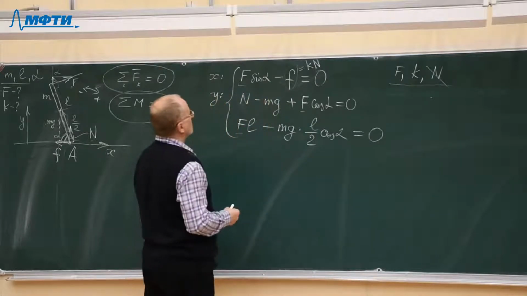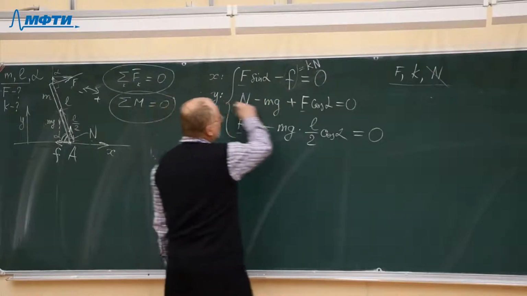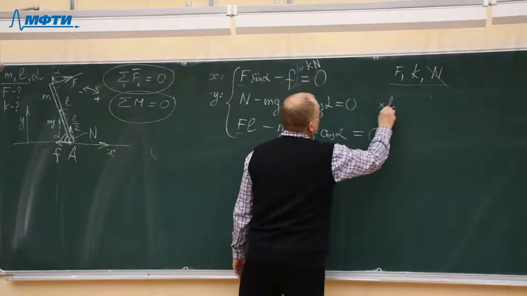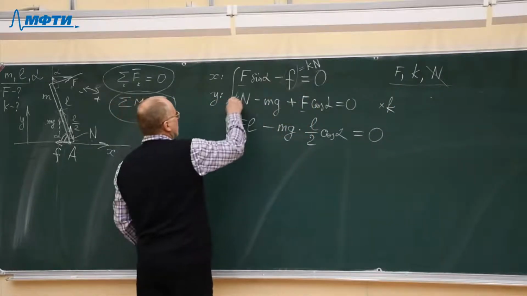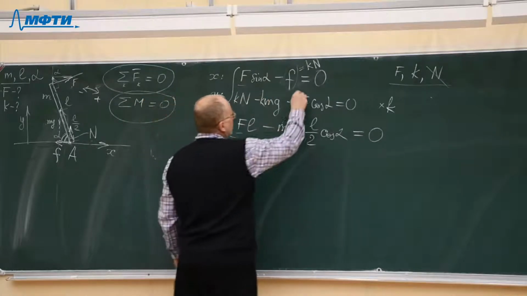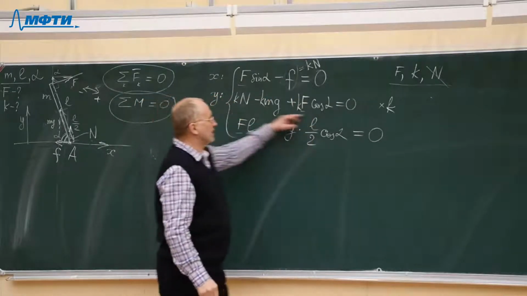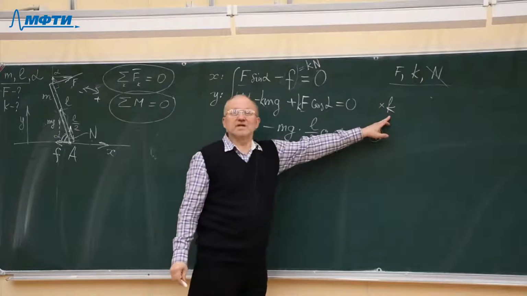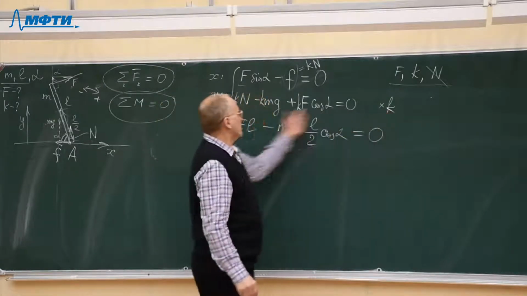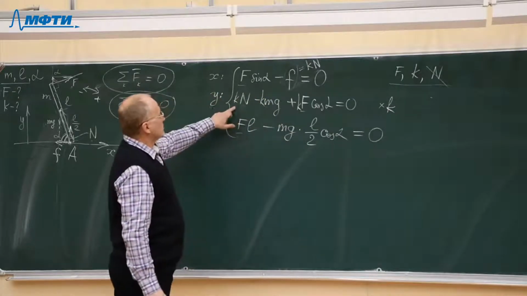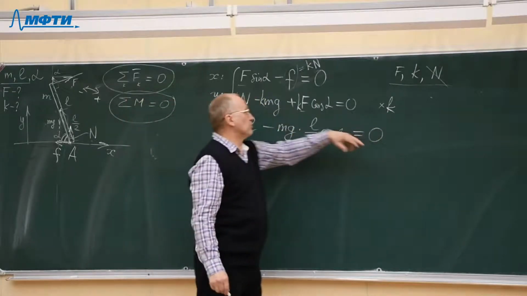How can we do it? We can multiply the second equation by K, the coefficient of friction. And then here we will have Kn, and K here and K here. We have multiplied the second equation by this number. This is an unknown number, but we have the right to multiply this equation if the number is not 0.